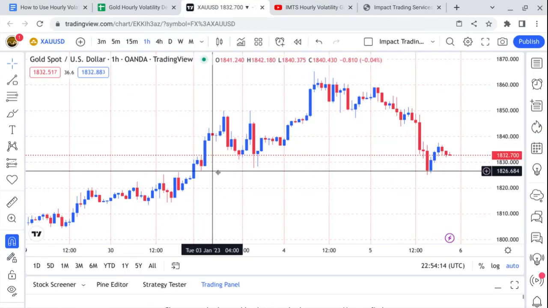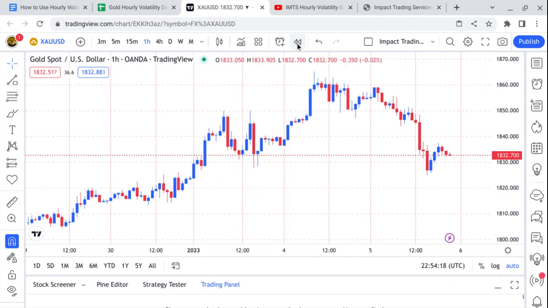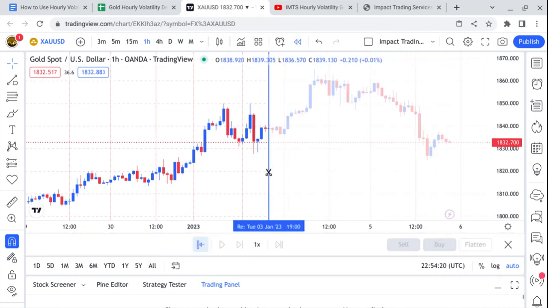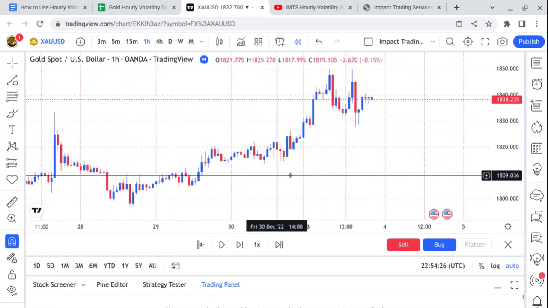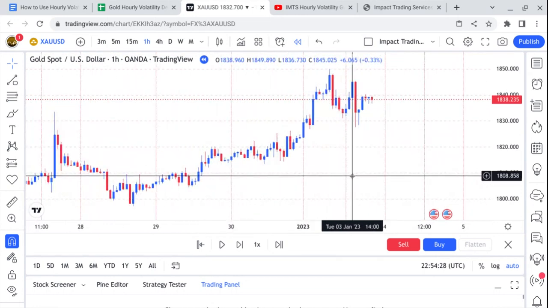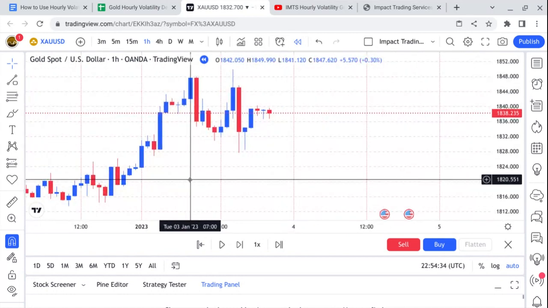Today we're going to practice December 3rd. December 3rd is our practice day through the 20th hour. Coming into the New York session, 1200, 1300, we see the day pushed up.